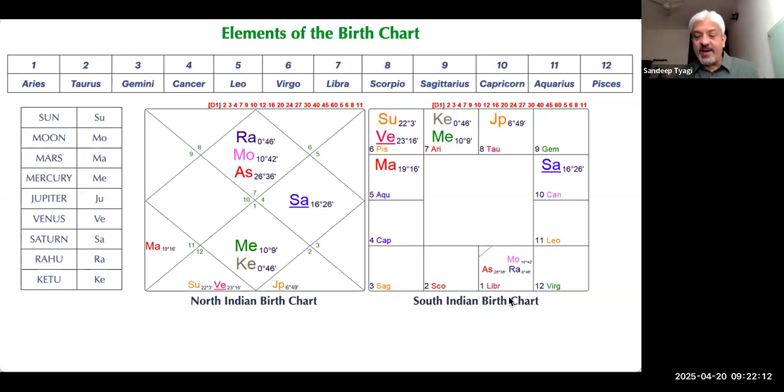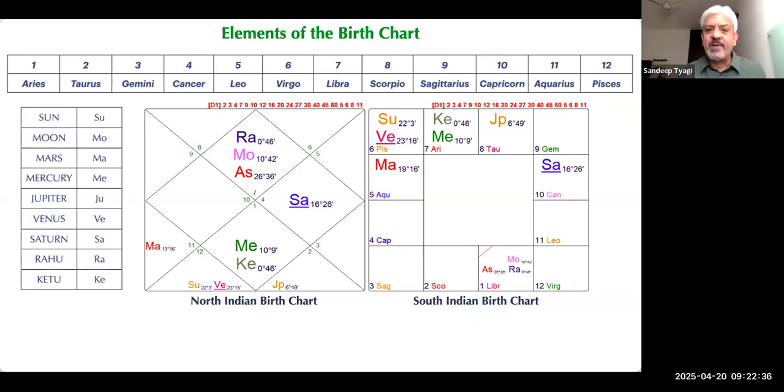In the South Indian format, you come to LIBR, which is Libra, and you find the AS written there. And typically in almost every software, even if they don't write AS, you will find a small diagonal line in that box. Wherever the diagonal line is, it means that is the ascendant rising in this chart.